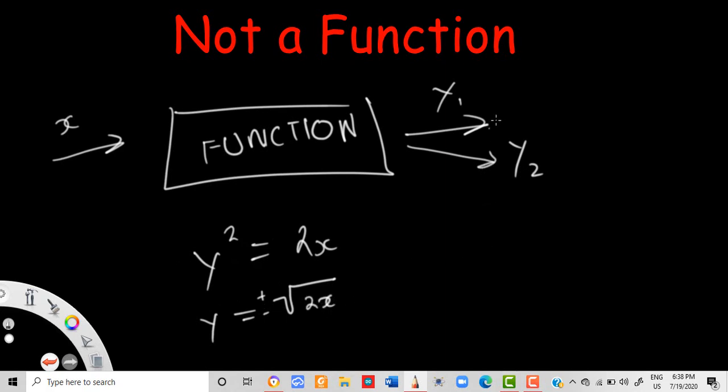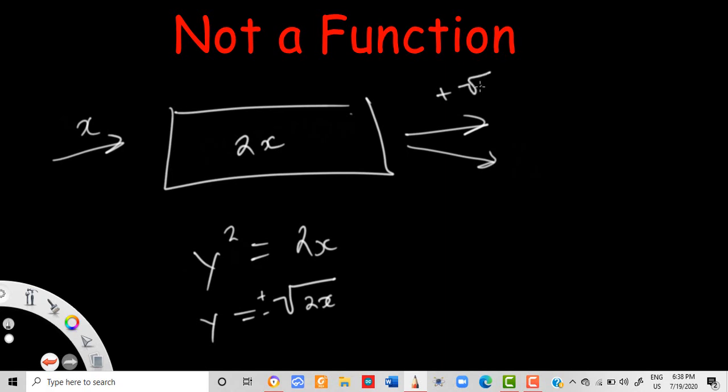Then if we were to write it down here, this function is 2x, and input is x, whatever that is, the output will be positive root 2x or negative root 2x.